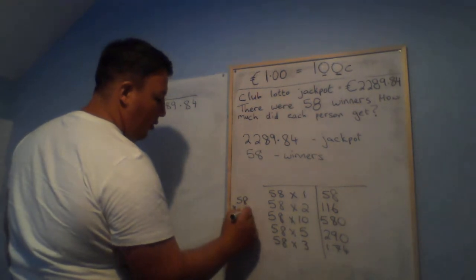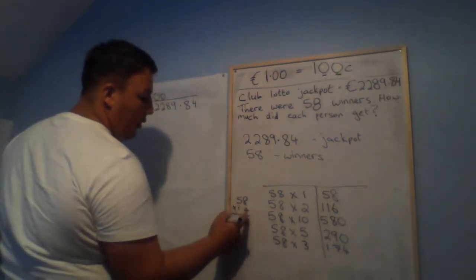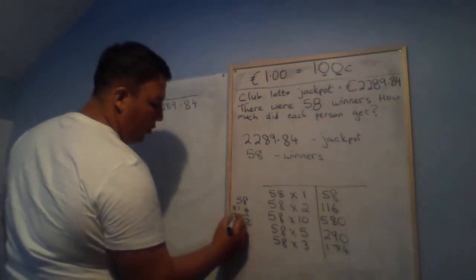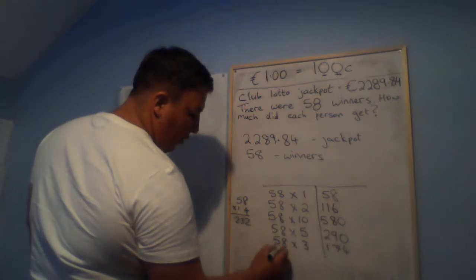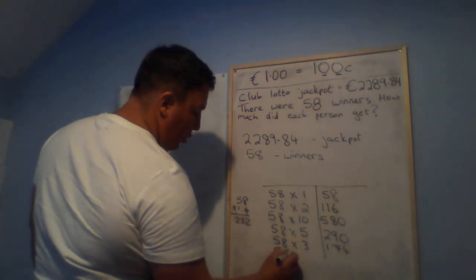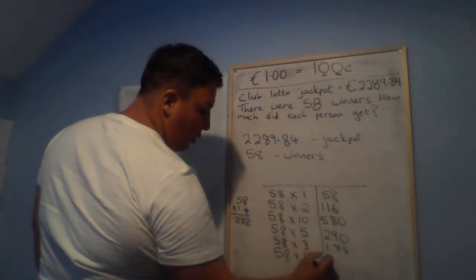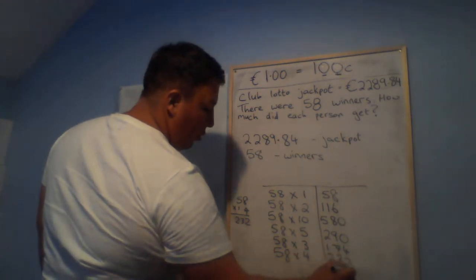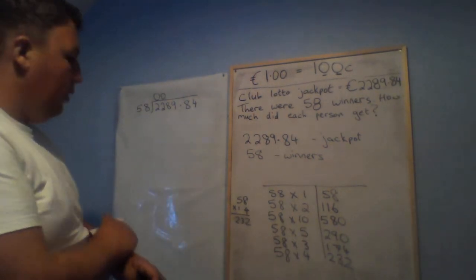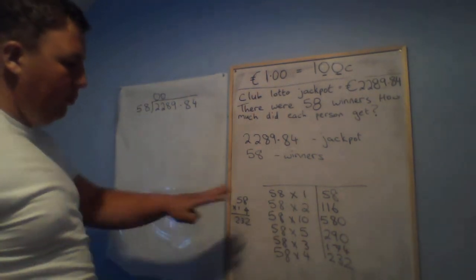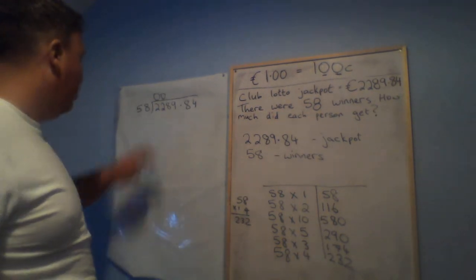Alright. 4 8s are 32. 4 5s are 20, and 3 is 23. No, just too big. Okay, but I still have it here for again if I do need it. 58 multiplied by 4 is 232. This is really handy if you're finding long division hard as well, because it's one less thing to worry about when you're working through this.